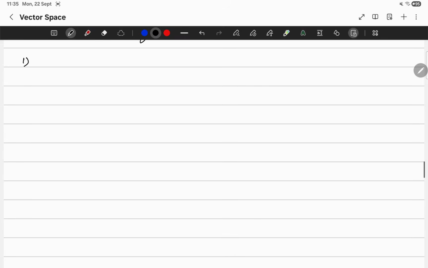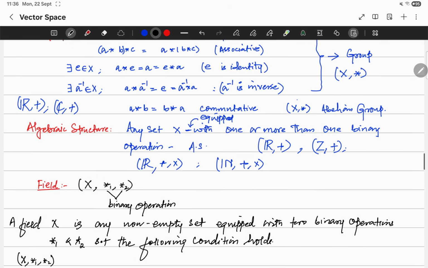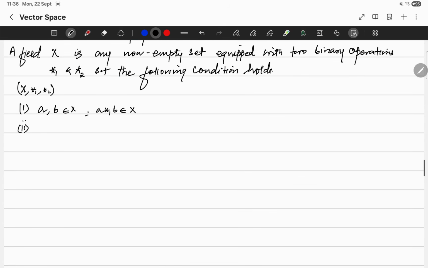As we have seen, we have the set X with the two binary operations *1 and *2. First, for any two elements a and b from the set X, a *1 b should again be in X, so it is closed with respect to *1. Similarly, with respect to *1 it should be associative as well. If you have three elements of the set, then a *1 b *1 c should be associative.